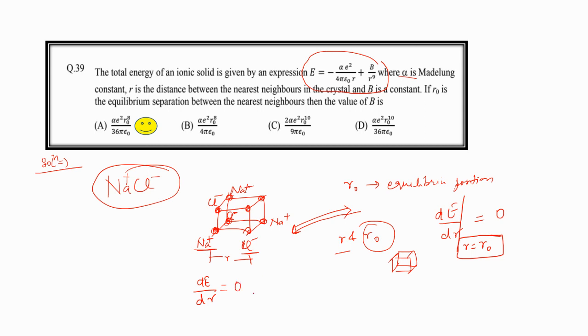So dE by dr is equal to 0. Differentiate this expression. Minus alpha e square upon 4 pi epsilon naught, r goes to the numerator as r raised to the power minus 1, then minus 1 gives minus 1 upon r raised to the power 2. Then here also r goes to the numerator as r raised to the power minus 9, so minus 9 times r raised to the power minus 10, and b remains like this, is equal to 0.